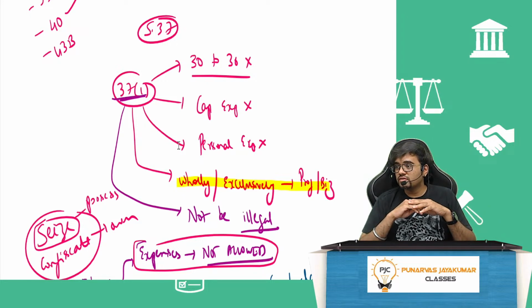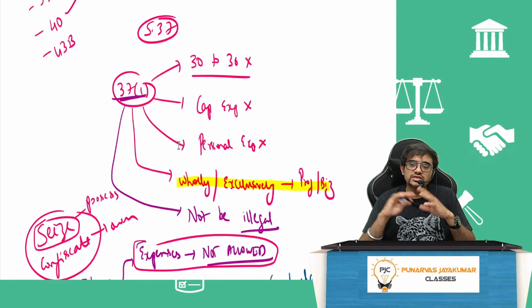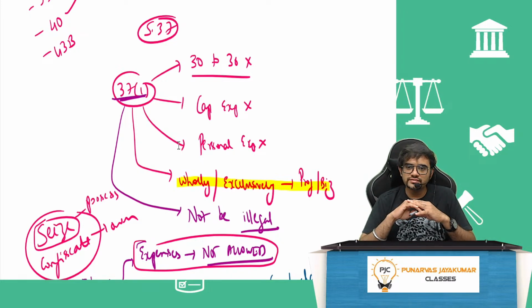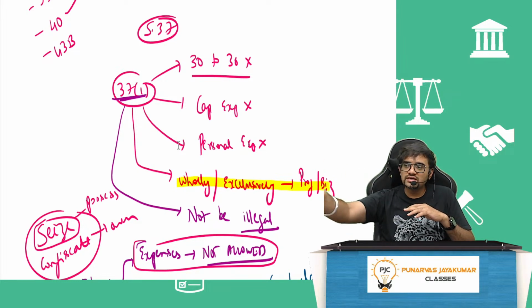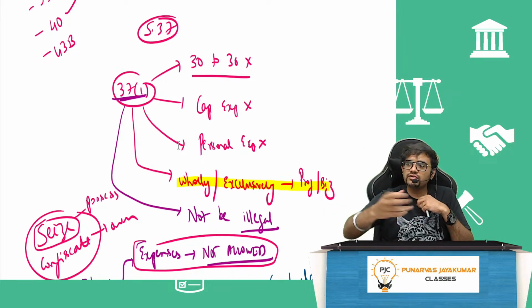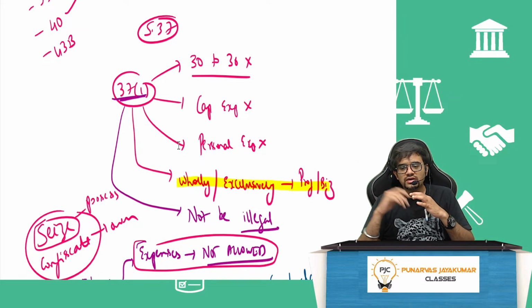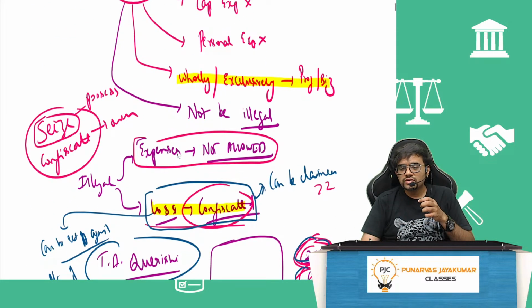Confiscate means the government took over the control and ownership of the drugs. They did a raid and took drugs worth 1 crore. T.A. Qureshi said, okay, you take that, but I will claim expenses of 20 lakhs which I paid to all the drug dealers and peddlers. The government said nothing doing, because the explanation to section 37 says any expenses towards earning illegal income are not allowed.